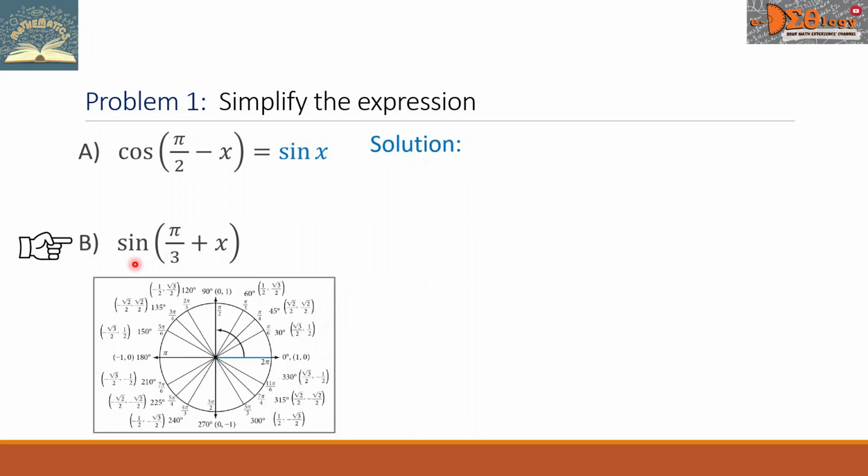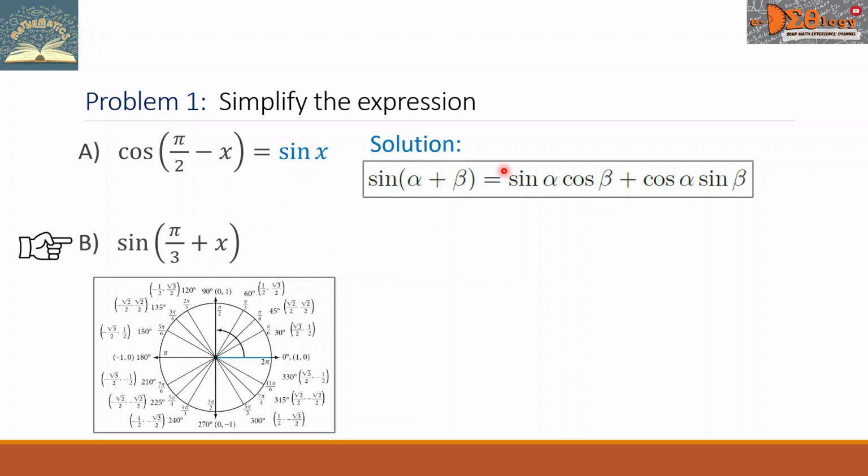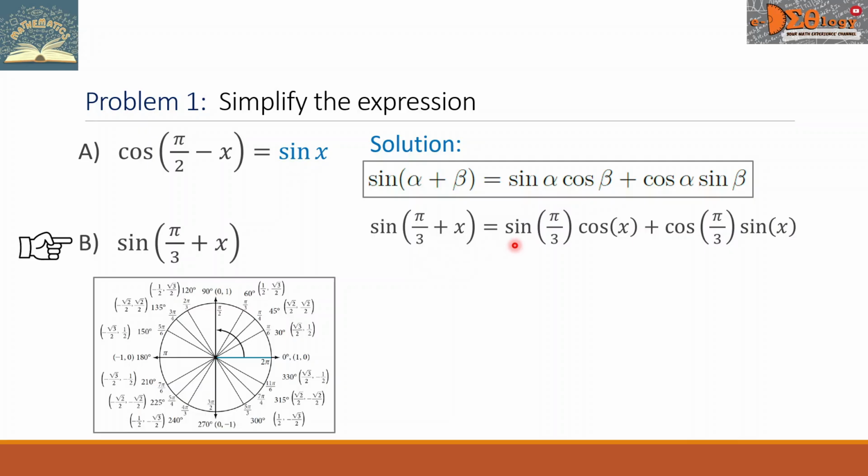Letter B. The sine of the sum, pi over 3 plus x. This is our formula. Let us now substitute the values. So we have sine of pi over 3 plus x equals sine of pi over 3 times cosine x plus cosine of pi over 3 times sine x.